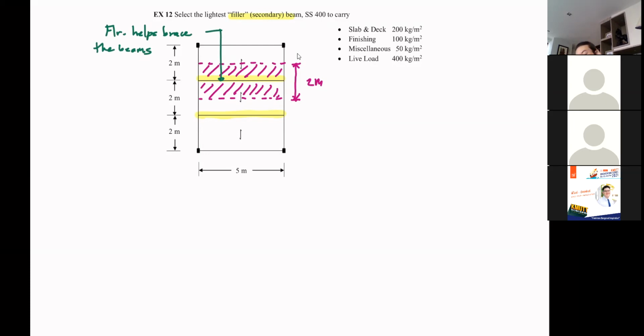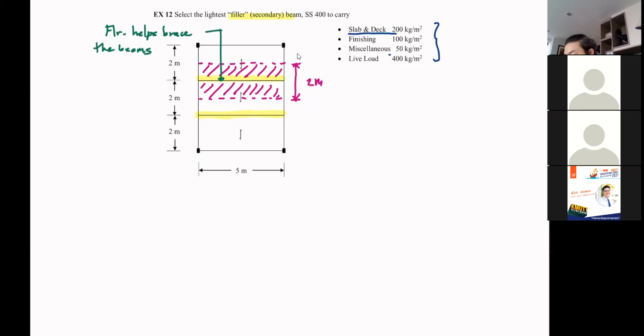Okay, so it is your job to identify all these loads that will be on your floor. So let's say, for demonstration, slab and deck, the weight is 200 kilograms per square meter. The finishing, say that's the granite, maybe it's about 100, and miscellaneous, anything that may be put there by the architects, some piping system underneath, piping is not that heavy, and some ceiling, insulation and stuff, that's 50, that would probably be okay.